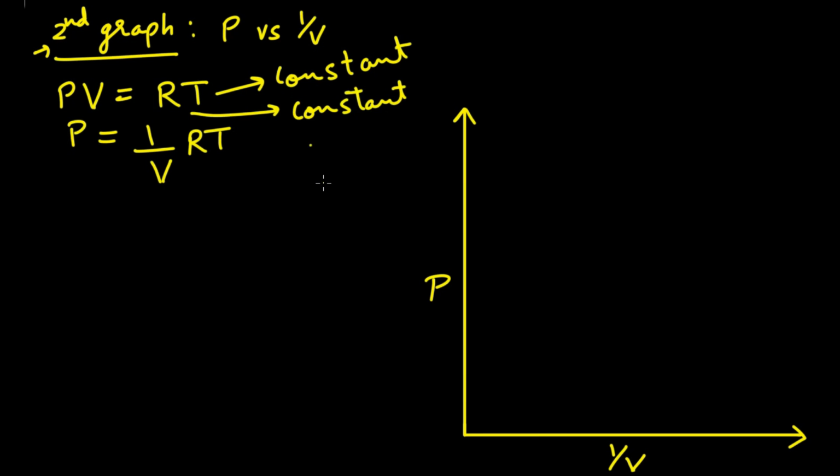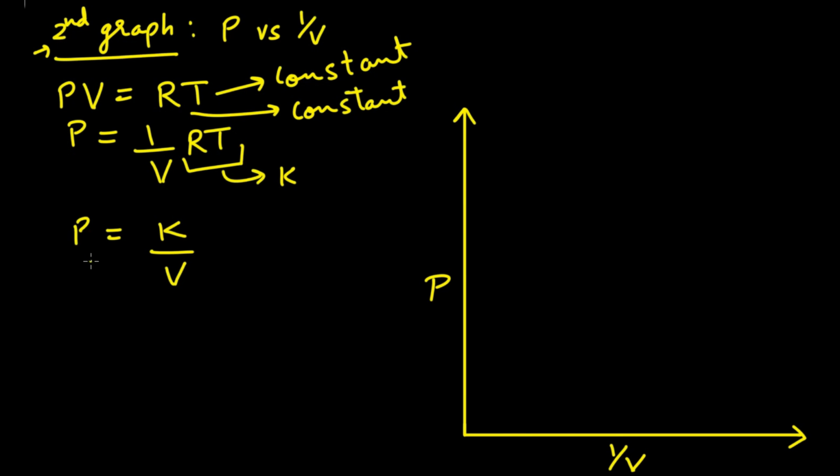These two values are constant. The only two variables are pressure and volume. Let RT be equal to K, a constant. So we can write this equation as P equals K by V. From there we are going to find the graph.